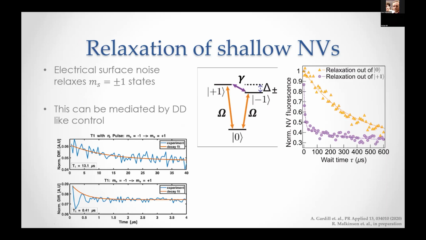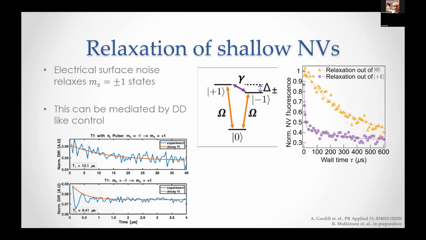You can measure all of these different relaxation paths. And what Shimon showed was that the +-1 states for shallow NVs, you don't see this for deep NVs, relax much faster.